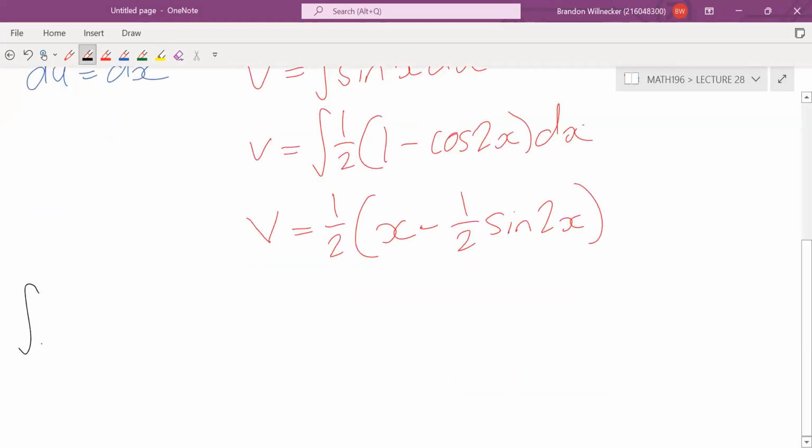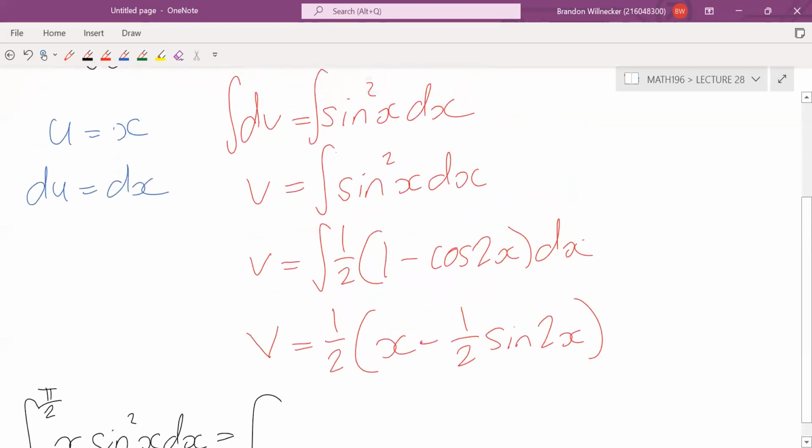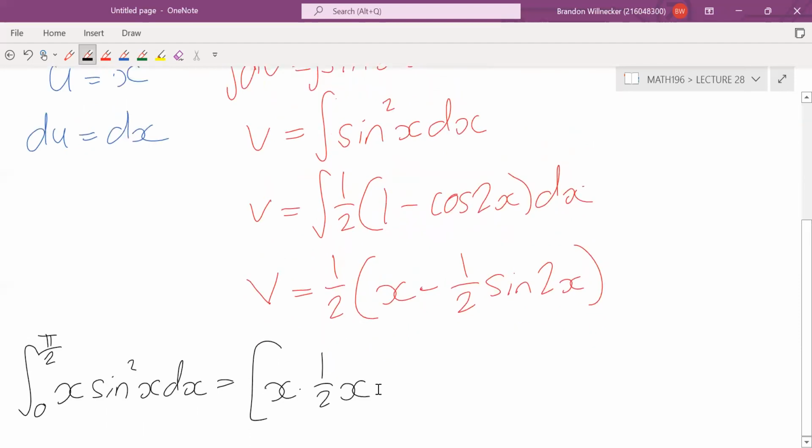So the integral from 0 to pi over 2 of x sine squared x dx is going to be u times v. Okay, so it's going to be x times 1/2 x minus 1/2 sine 2x from 0 to pi over 2.